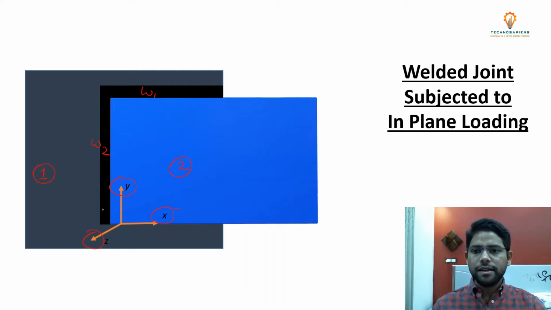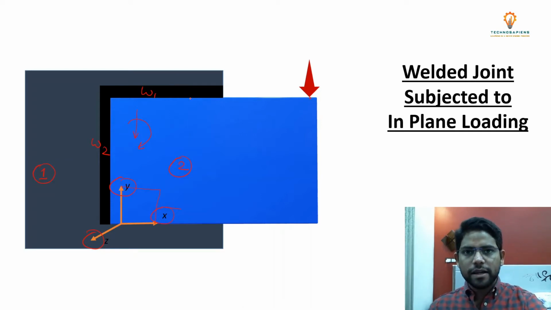So your plane of weld is basically the xy plane, and a load is applied at this point. This is an eccentric load in the same plane as that of the weld. In this case, we bring this load to the center of gravity of the welds, and a moment will be induced, which will cause secondary shear stresses in the welds.